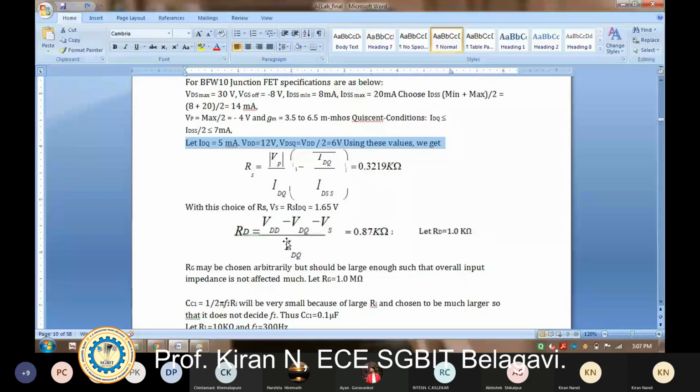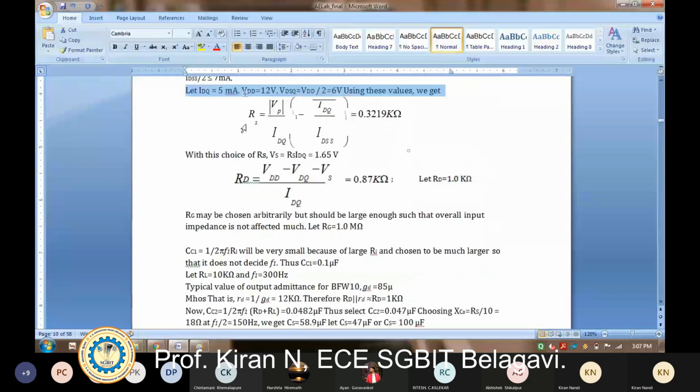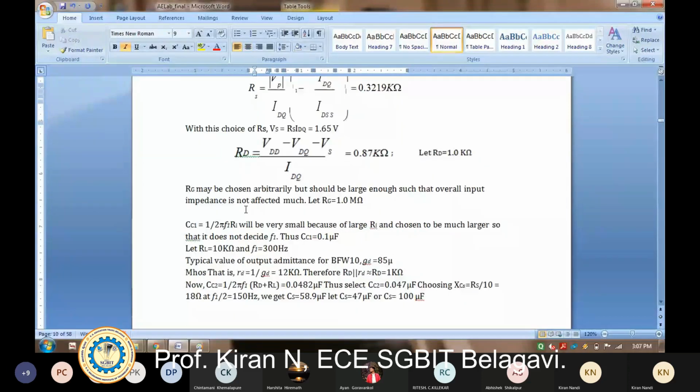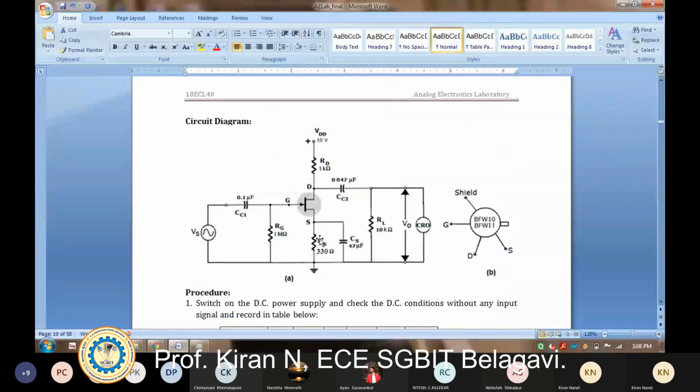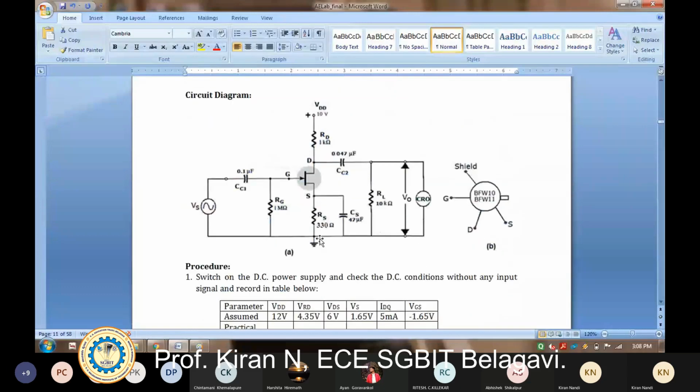Once you do this, you'll be calculating the value of RS, the drain resistor and the source resistance. Once you get that, RG, the gate resistance, you can choose as 1 mega ohm. With this you are going to find out the different parameters here.